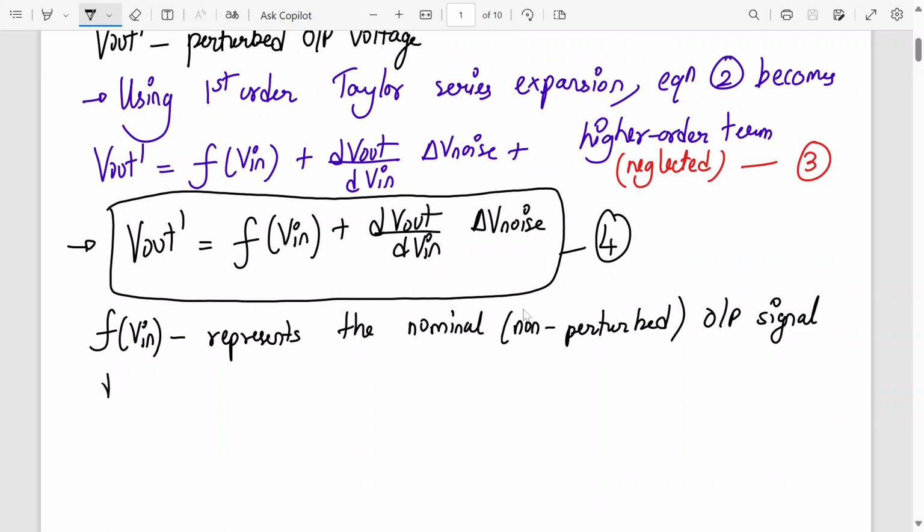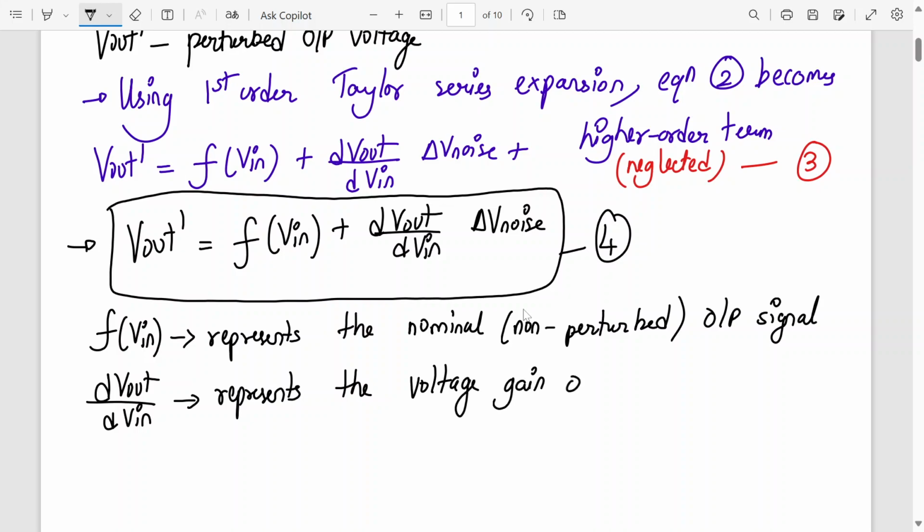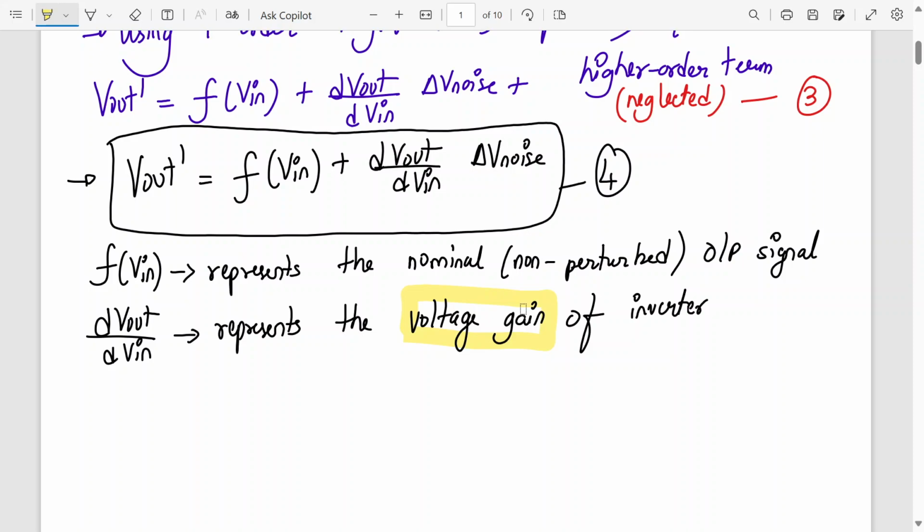What does dV out by dV in represent? Anyone? It represents the voltage gain of the inverter. Gain of the inverter is output upon input, right? So it represents the voltage gain of the inverter at the nominal input voltage. Okay? Yes or no?